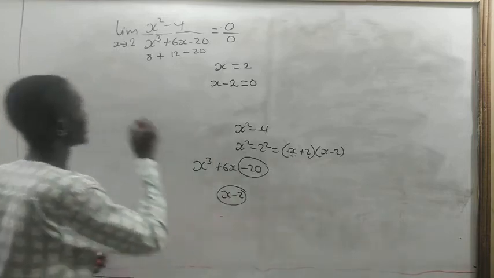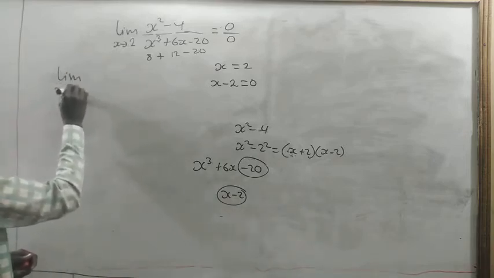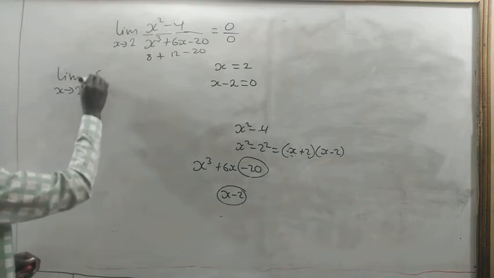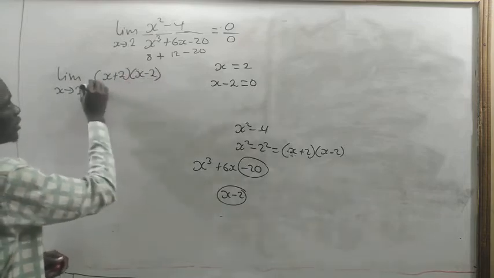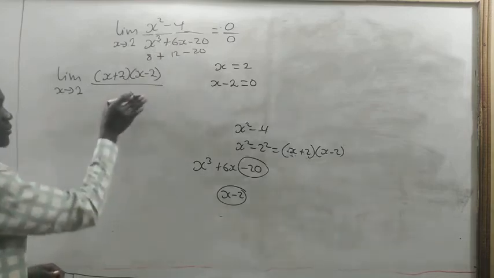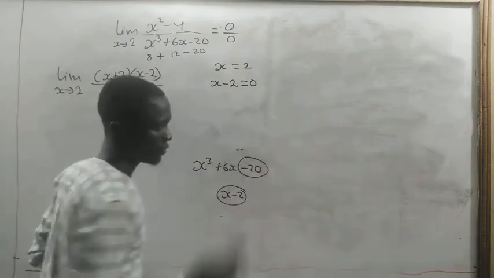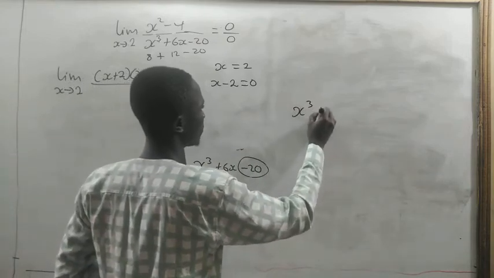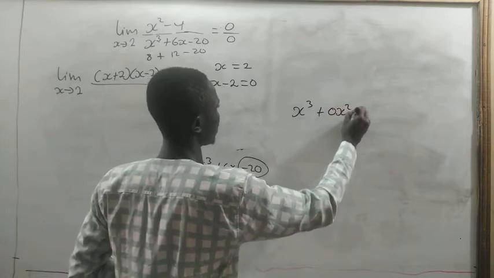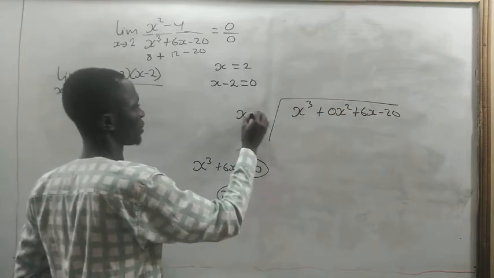But before we do that, let's write what we've had. The limit as x approaches 2, x plus 2 times x minus 2 divided by, let's do this and then come and put it there. So here we are going to have x cubed plus 0x squared plus 6x minus 20 divided by x minus 2.